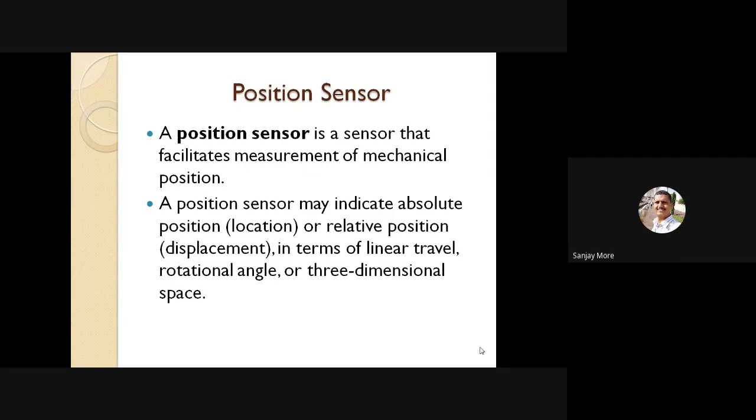So different types of position sensors are used in mechanical measurement to find out the exact location or position of the object or component.